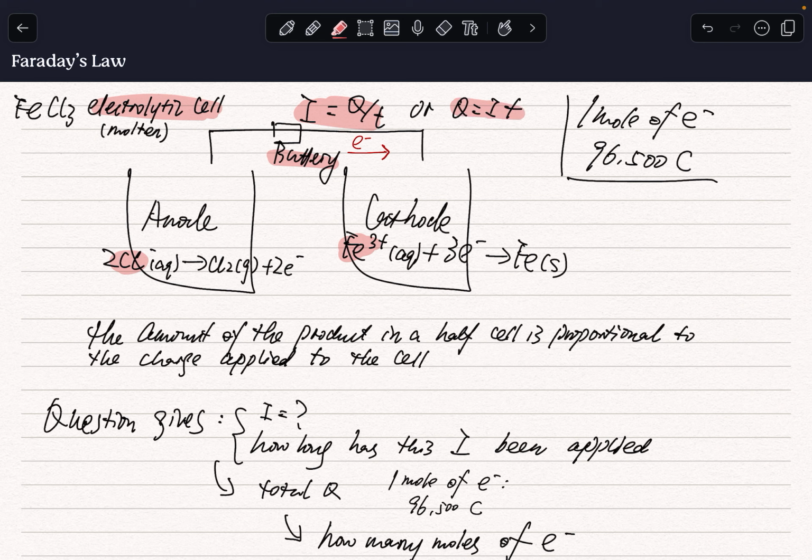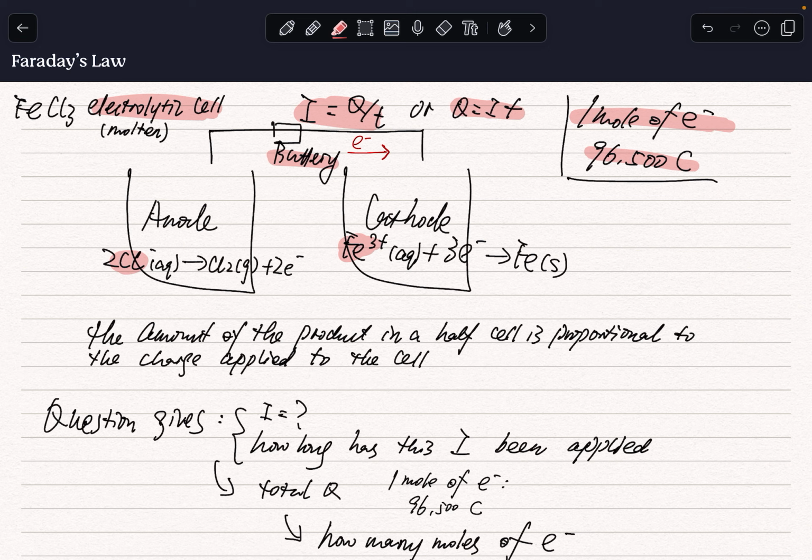And the background knowledge you want to know before we dive into Faraday's law is that 1 mole of electrons, because electrons have charges, right? They have all these negative charges. So 1 mole of electrons will have 96,500 coulombs, okay? That's how much charge 1 mole of electrons has.